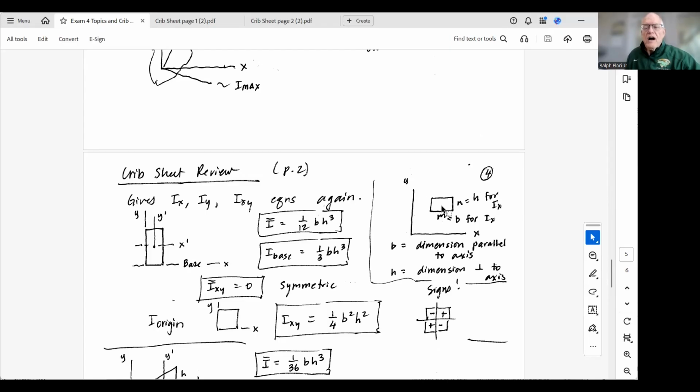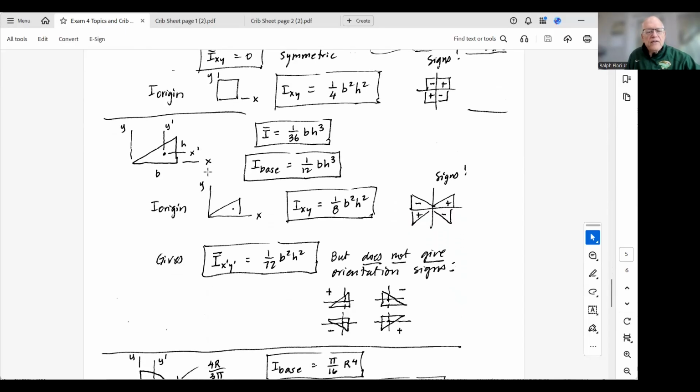If you're finding Iy about the centroidal axis, then now N is the base because it's parallel to the y, and M is the h because it's perpendicular to the y. Your formula about the centroidal y is still 1/12 b h cubed, but now N is the base and M is the h. To me, it just simplifies the formulas. You don't need extra formulas if you just understand how to do that.